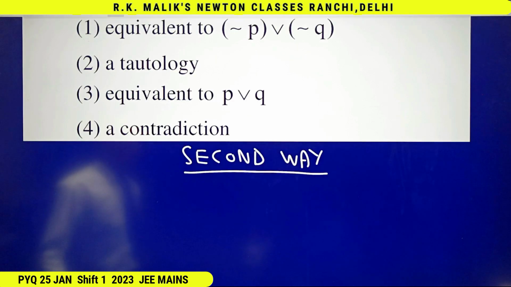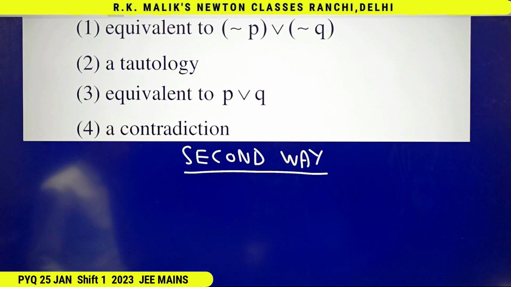And now I will do this question with the help of truth table. Actually, I always avoid using the truth table because mostly this way is lengthy. But for clarity purpose, I am doing this question with the help of truth table also.